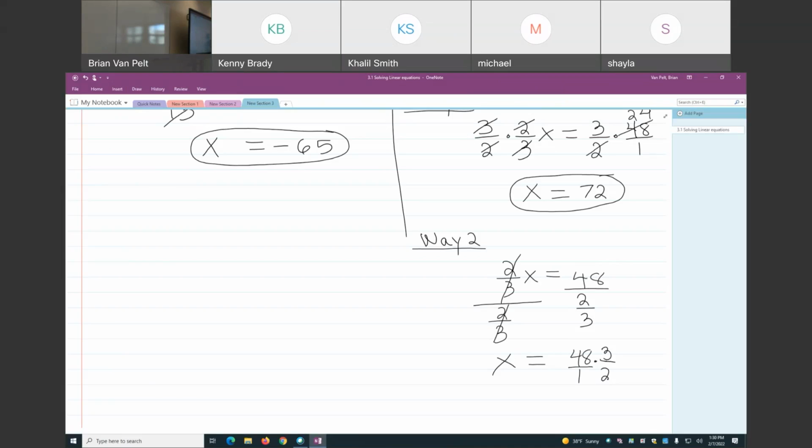All right, 2 goes into that 48 24 times. You end up with 24 times 3 is 72. The last couple of steps in both efforts were exactly the same, because this happened anyway, didn't it? Reciprocal of 3/2. So based on the looks you were giving me, I think we need to do some more of these types before I get to the more serious hard ones.